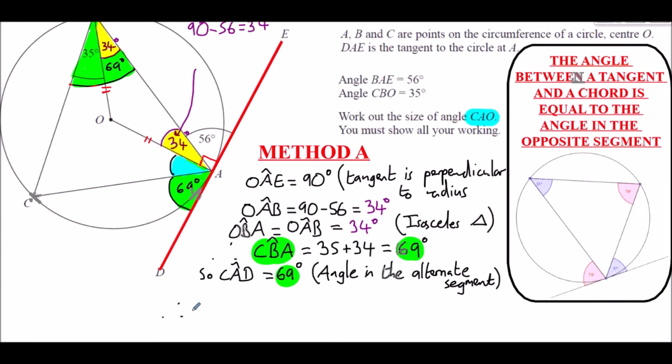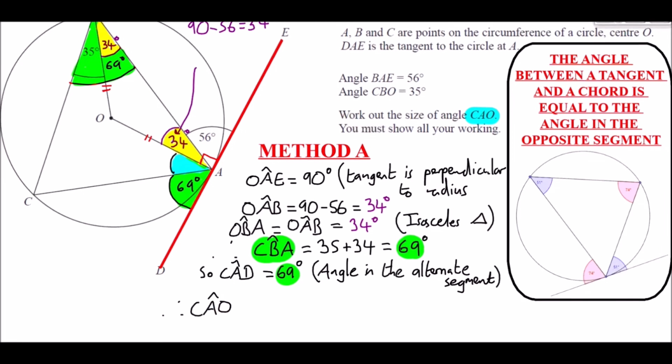So therefore, finally, CAO is going to equal this 180 on the straight line minus the 69 degrees, which is CAD, minus this right angle, which is 90.